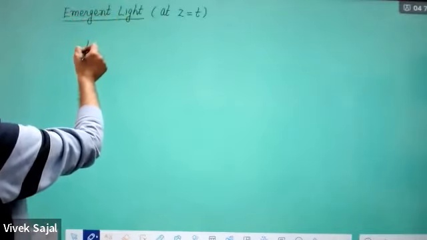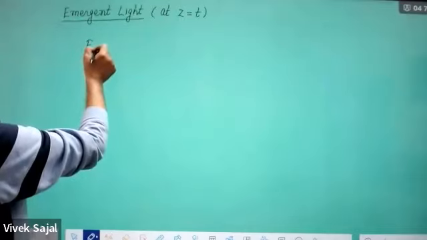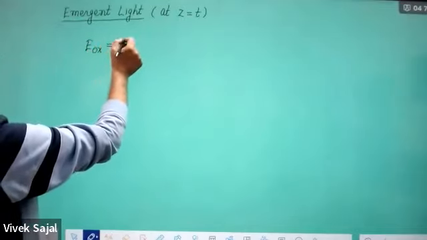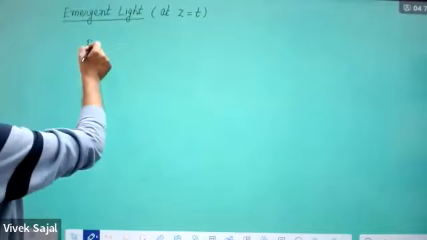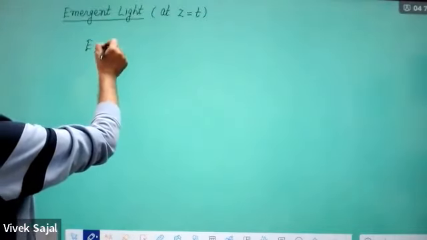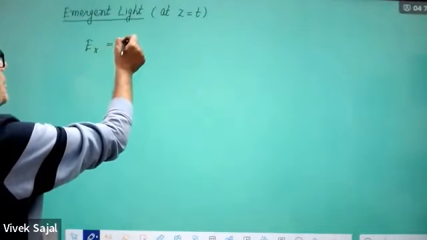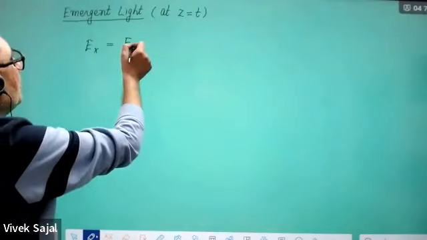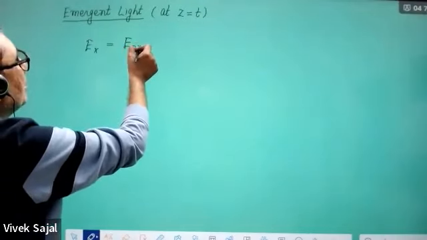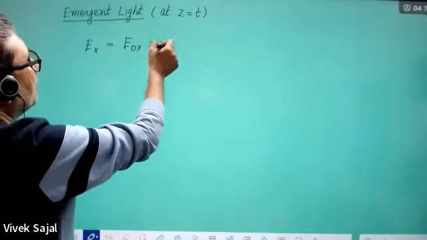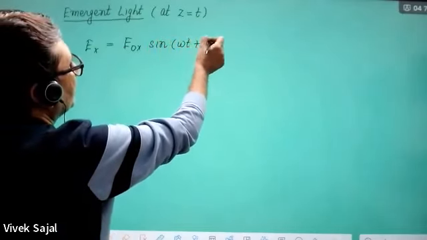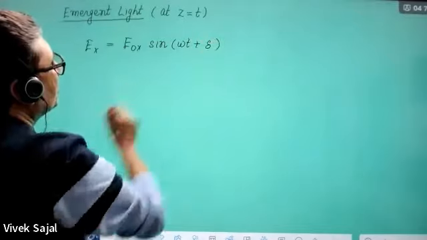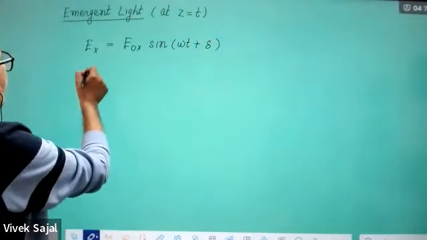Try to understand. This will be EX, not E naught X, just EX. The X component will be E naught X sine of (omega T plus delta), beta. ठीक है? And what will be EY?